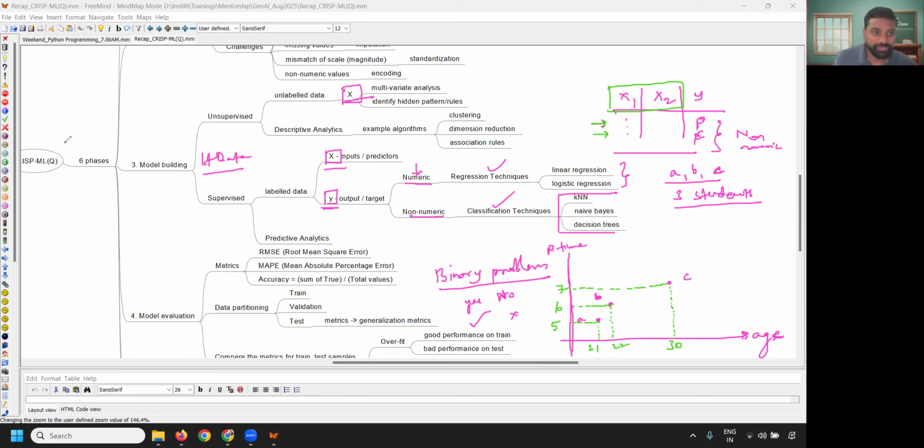Now, let's say I have a new student coming into the picture. There's a completely new student who has joined the organization. This red dot I'm drawing here, I want to see this red dot X: will this person pass or fail? How do I know?